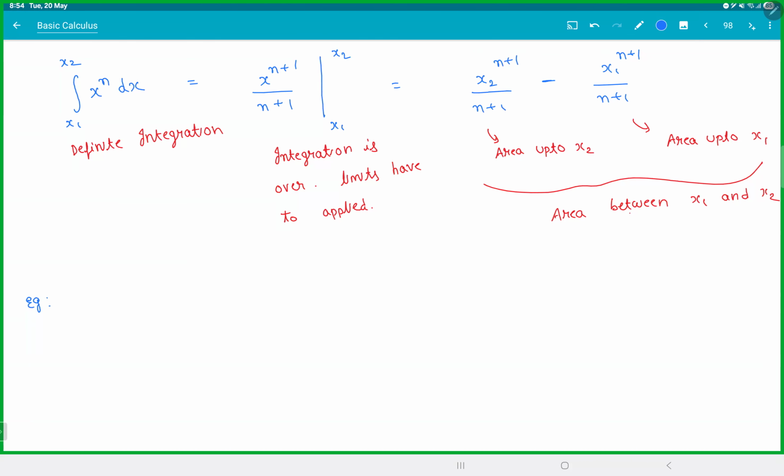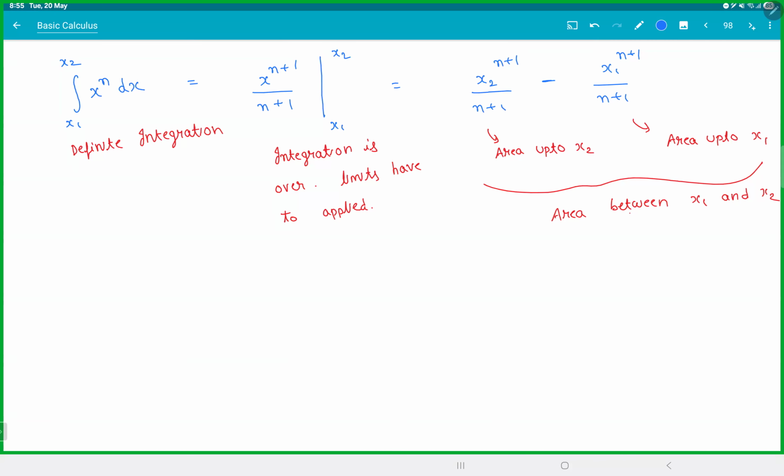Now listen to this thing. Suppose you have a curve y is equal to f of x. Put it down. This is the most important one: integral x power n dx, right? In physics, at least 60-70% of integrations are this only.